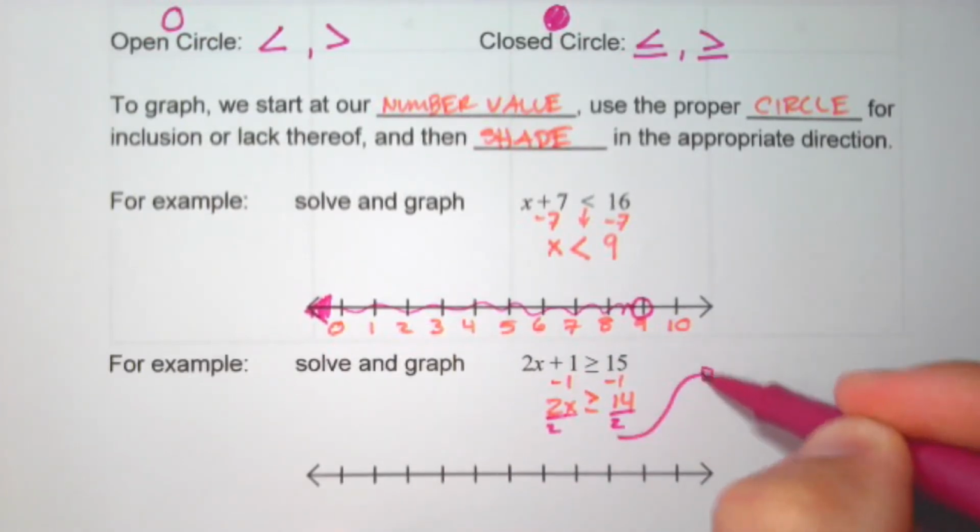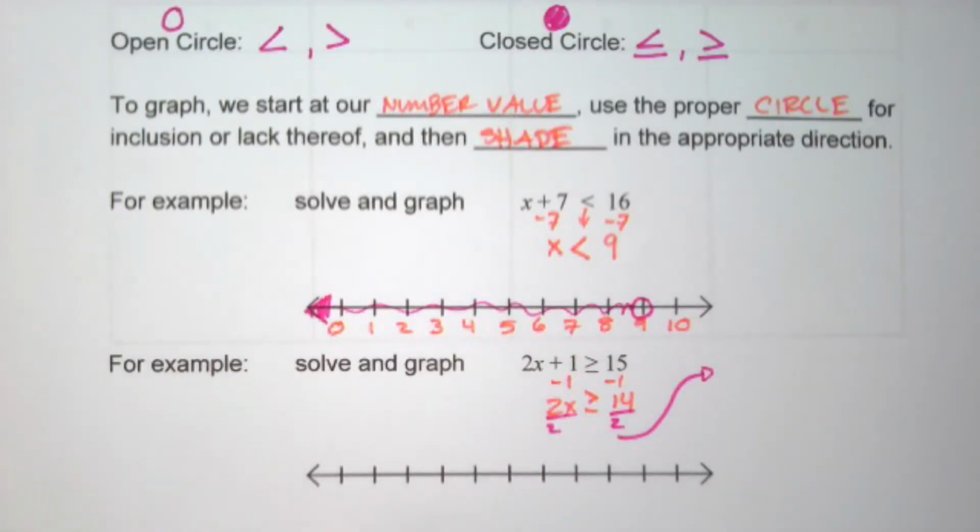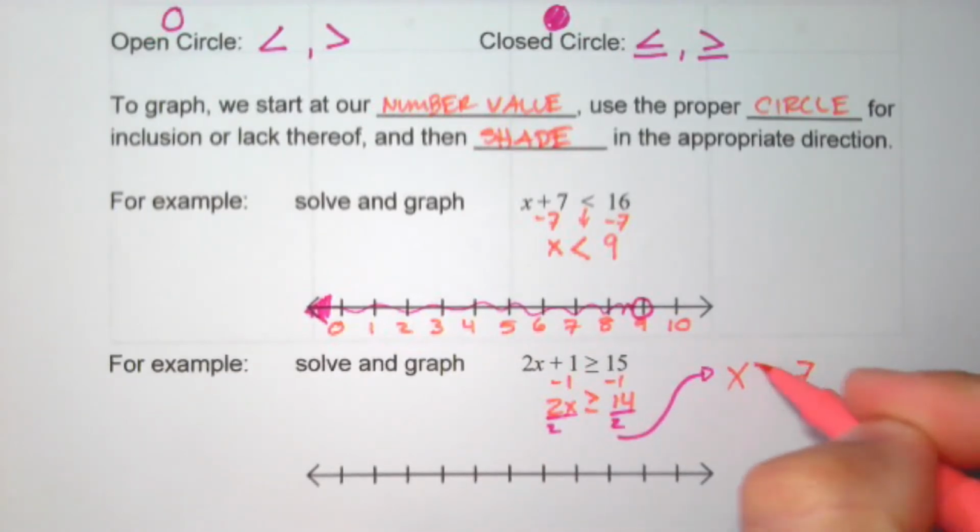And I'll rewrite this over here. The 2's will cancel out, giving us the x. 14 divided by 2 is 7. Now, do we need to change the direction because we divided? No, right? Because it's not a negative number we divided by. So where it was greater than or equal to, it's going to stay the same right here.